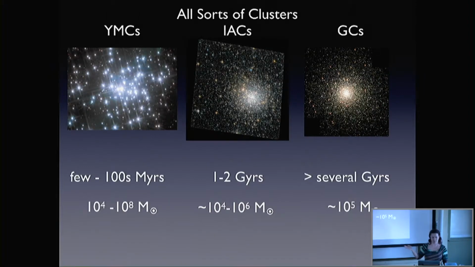So, of course, our previous speaker went through a lot of this, so I'll go through it pretty quickly. But just a reminder, usually when we're talking about multiple populations, we're talking about it in different kinds of clusters: young, massive clusters, intermediate age clusters, and globular clusters, and they have different ages and relative masses.